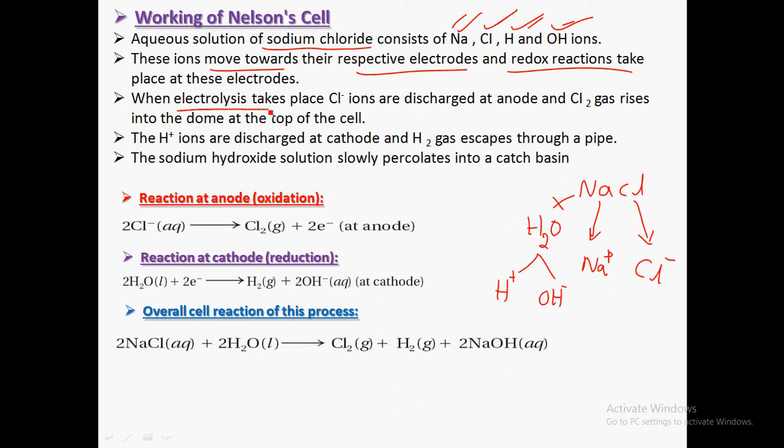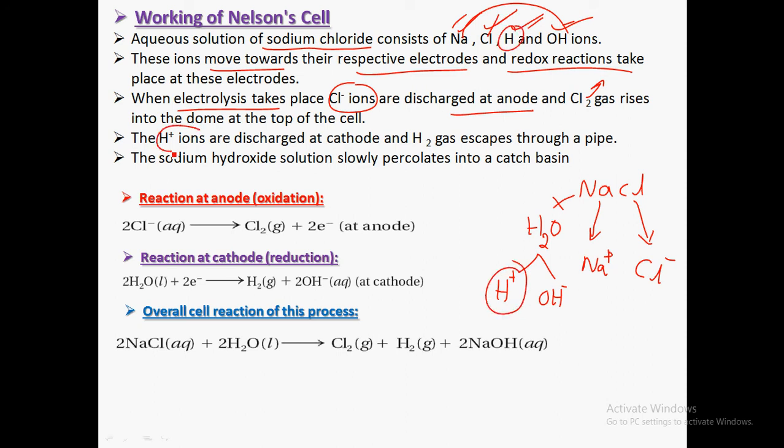Chloride ions go towards the anode, lose electrons and go out as chlorine gas molecules, which rise up in the dome shape at the top of this cell, and that gas is collected. As I told, Na reacts with OH and forms sodium hydroxide that is collected out. Chlorine is going out, and the leftover is H plus.